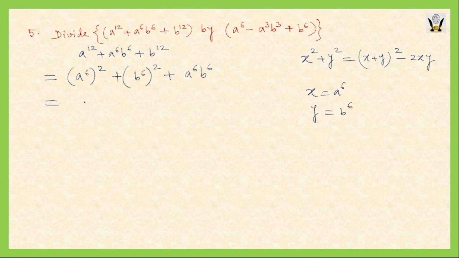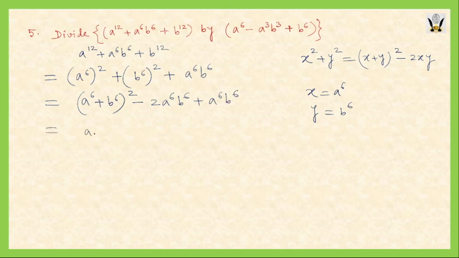So if we now write a to the power 6 plus b to the power 6, meaning x plus y, then whole square, and then minus 2xy. So x is a to the power 6 and y is b to the power 6, and now we have this term a to the power 6 b to the power 6.